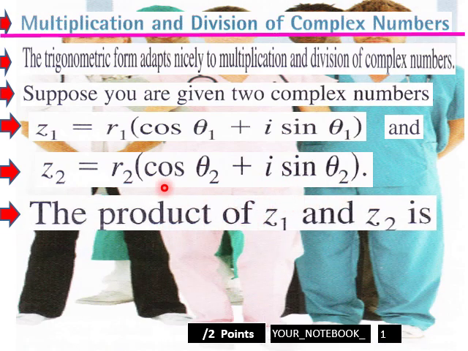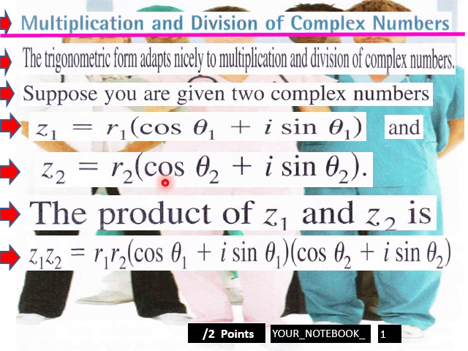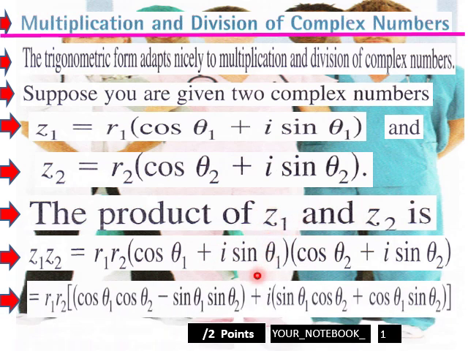The product of Z1 and Z2 is r1 r2 times quantity cosine theta 1 plus i sine theta 1 times quantity cosine theta 2 plus i sine theta 2.